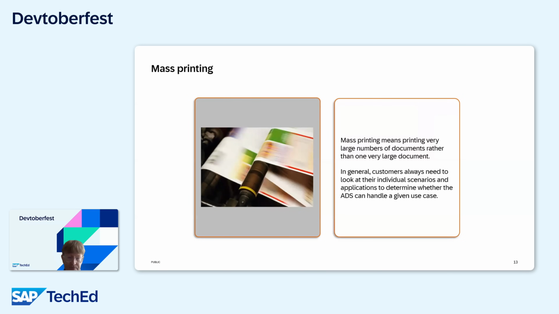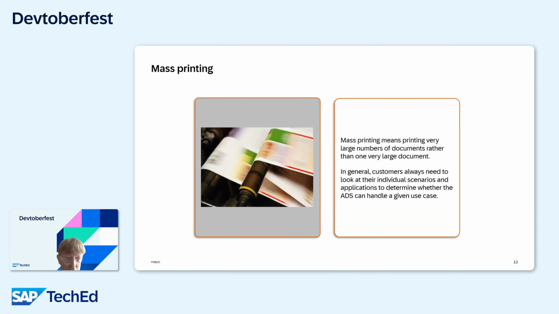Mass printing. What we mean by mass printing is if you're printing large numbers of documents in a short space of time. So there's certain branches, certain sectors which have mass printing scenarios, so utilities or the automotive sector, where lots and lots of invoices are being printed, say at the end of a month or an end of a quarter or the end of the year. And the question that customers ask themselves, obviously, is can the ADS do it?